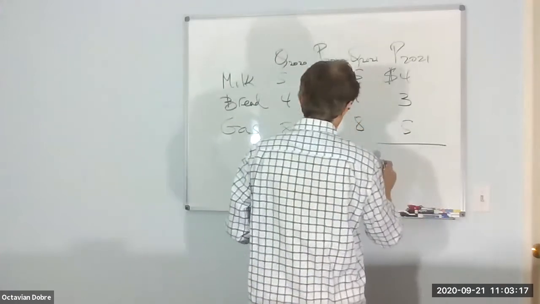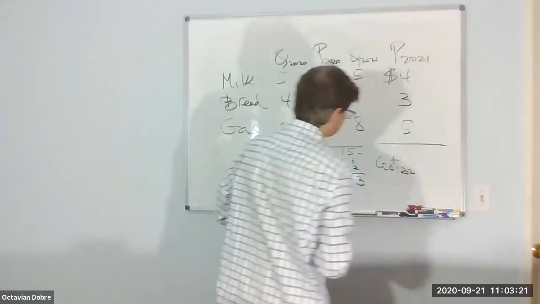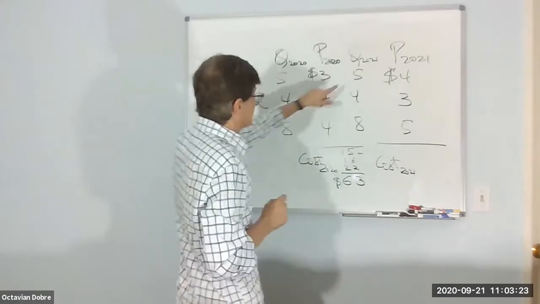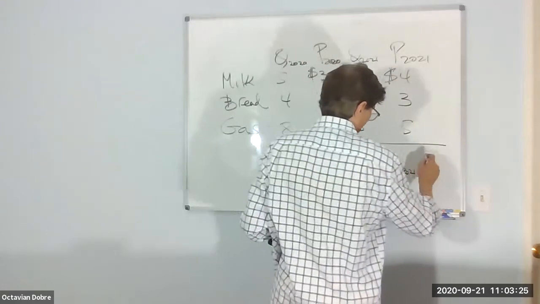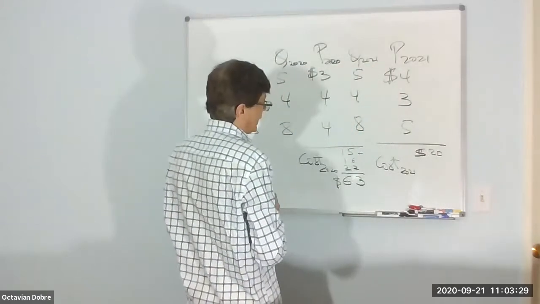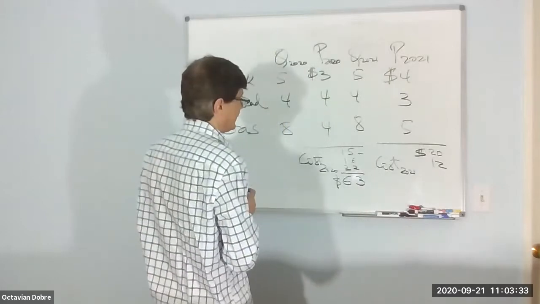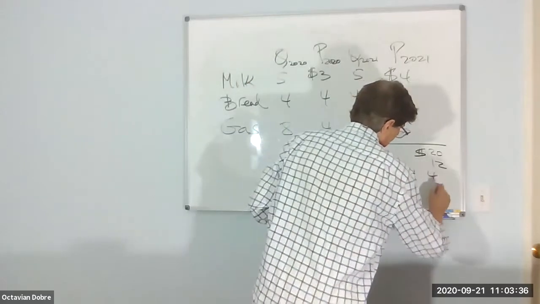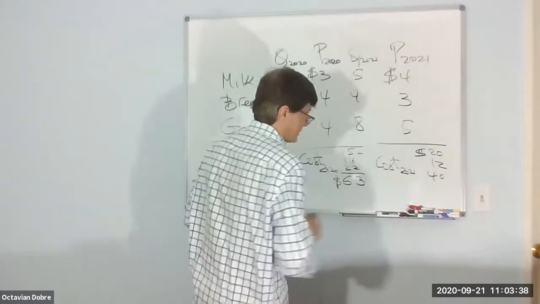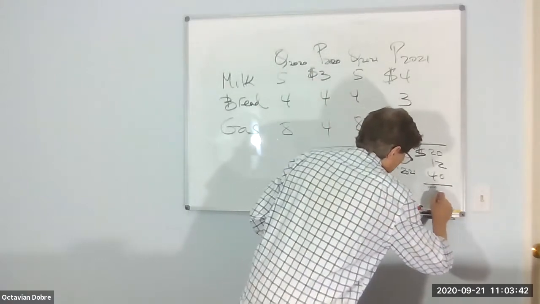Well, let's calculate the cost of the basket in 2021. Let's see, 5 times 4 is 20, so $20 on milk, $12 I'm spending on bread, and $40 I'm spending on gasoline. And altogether is gonna be 72.